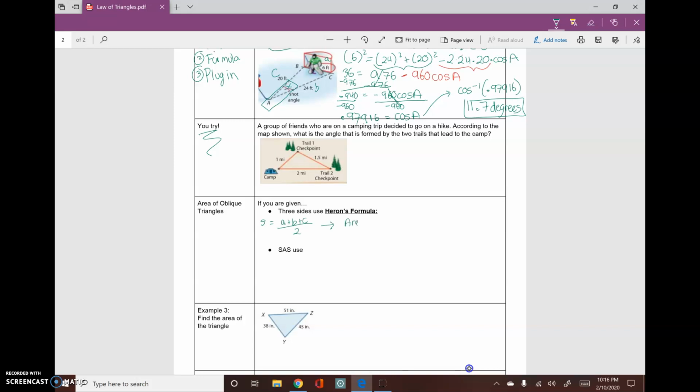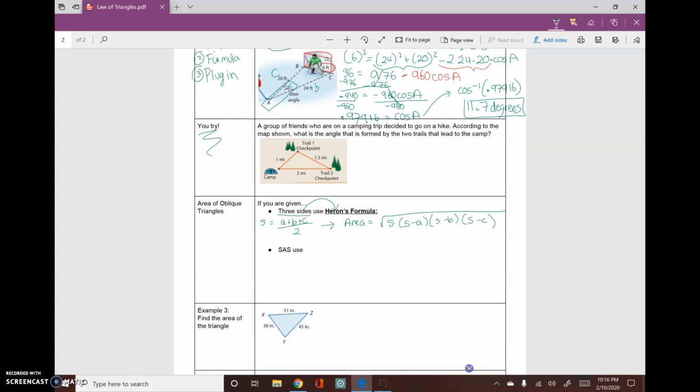So then you can find the area using the square root of S minus A, times S minus B, times S minus C. If you have only 3 sides, you use this formula.